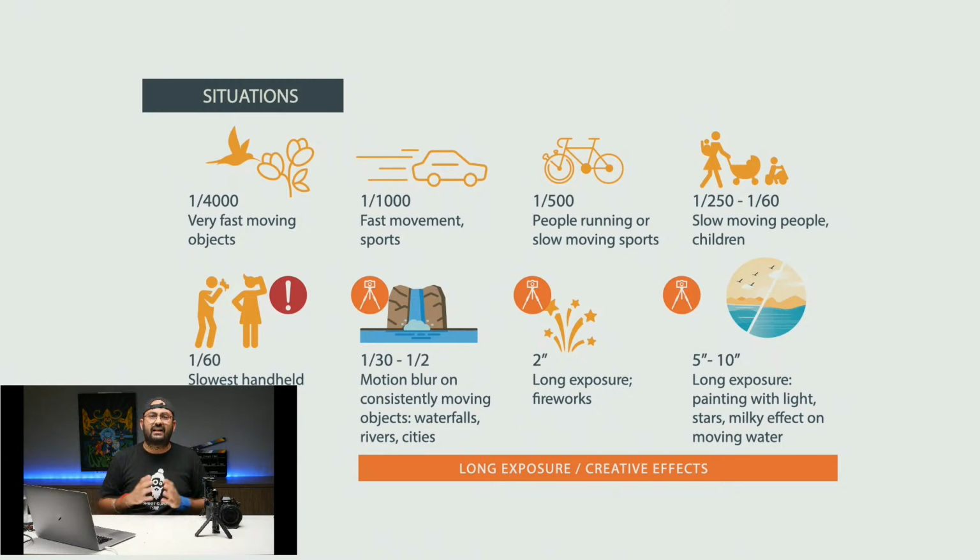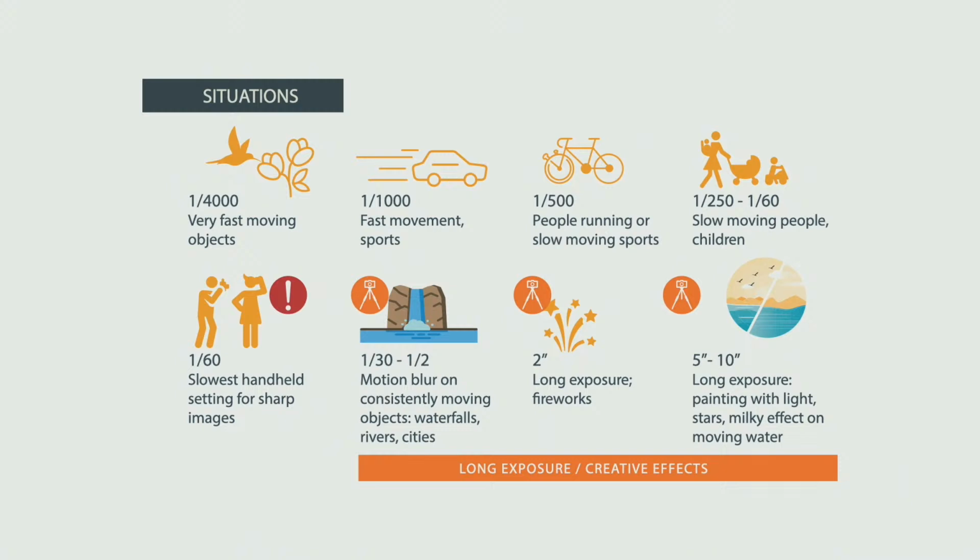You still don't get any kind of motion blur. 1/60th to 1/150th of a second is for situations where people are moving slowly, nobody's running around, or there is no major fast action happening. You can still capture good sharp images without getting too much motion blur.